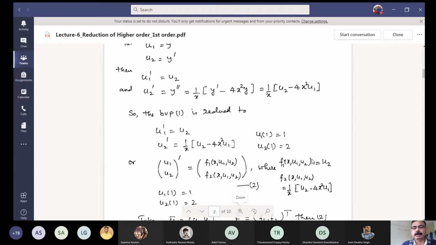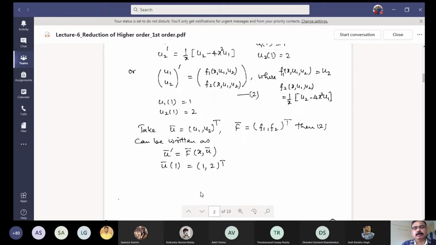Here f1 is u2, and f2 is 1 by x times u2 minus 4x square u1, with initial conditions u1(1) equal to 1, u2(1) equal to 2.